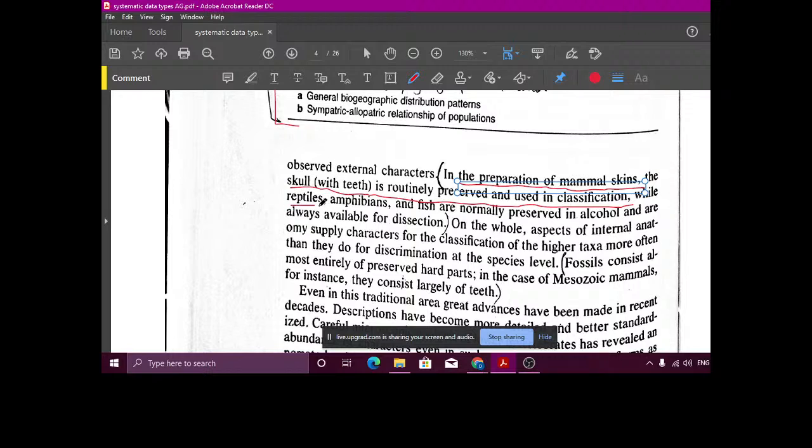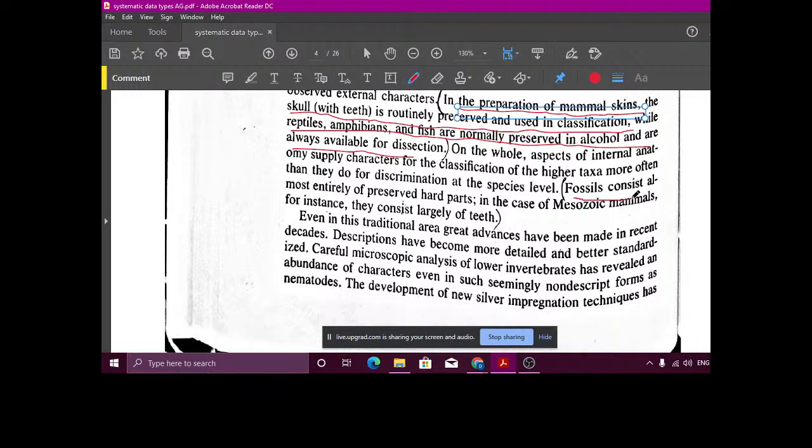While reptiles, amphibians and fish are normally preserved in alcohol and are always available for dissection. Then you have the fossils. Fossils consist almost entirely of preserved hard parts, because you will not find soft parts in fossils.